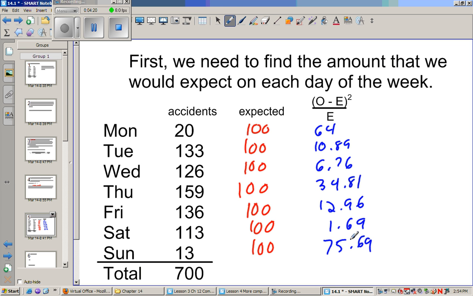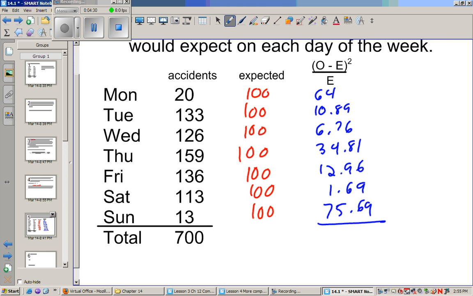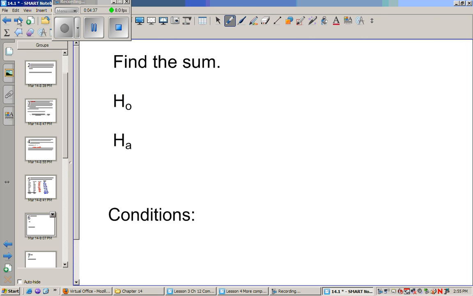So now we want to sum up all of these values, and I get 206.8. Now we'll use that in our write-up.